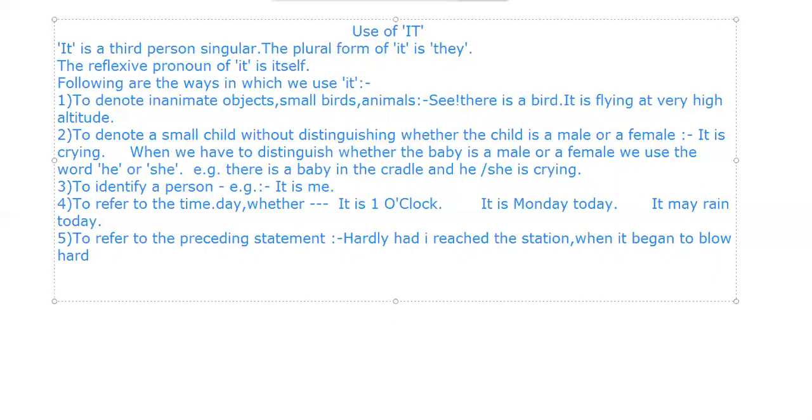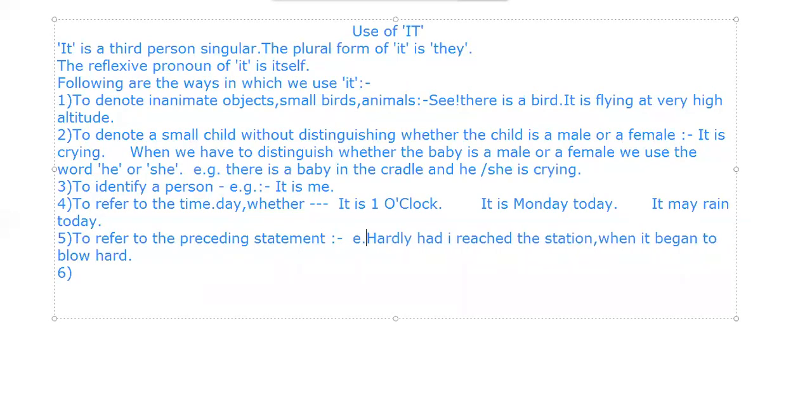Hardly had I reached the station when it began to blow hard. So for referring to a preceding statement, reaching the station was one of the statements. So to refer to the preceding statement I had to use the word it.